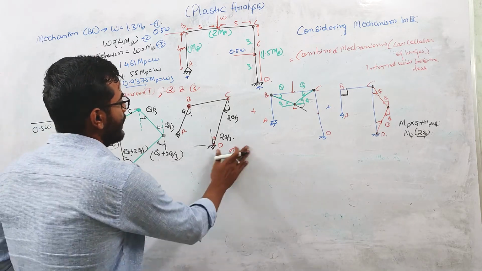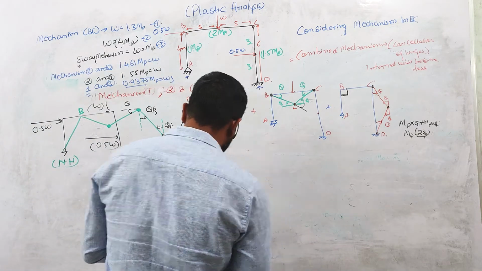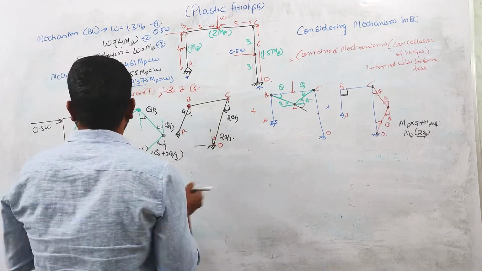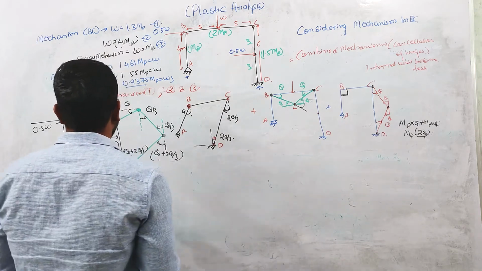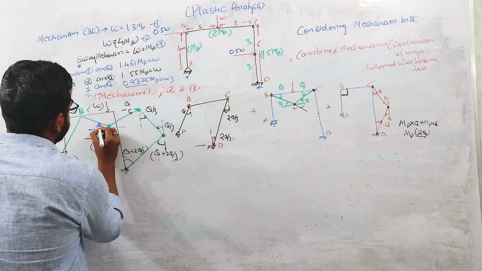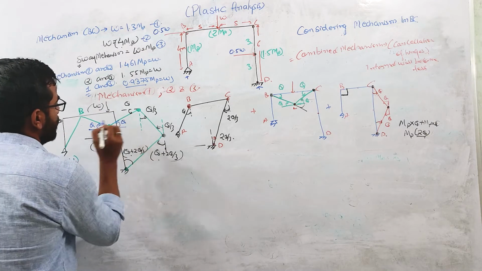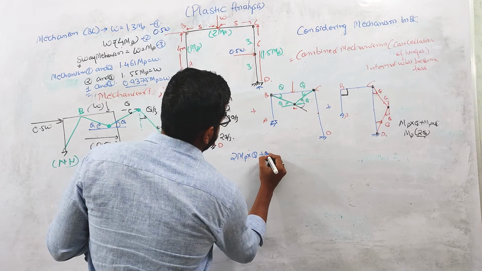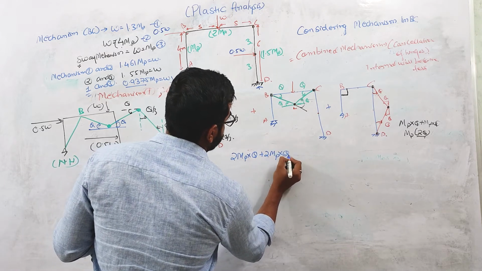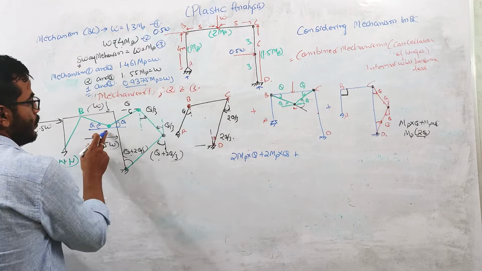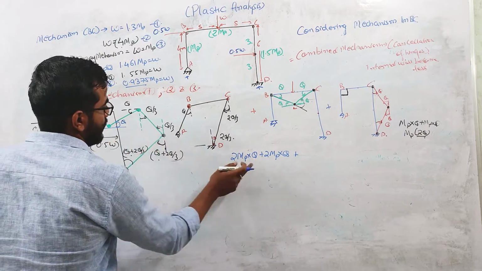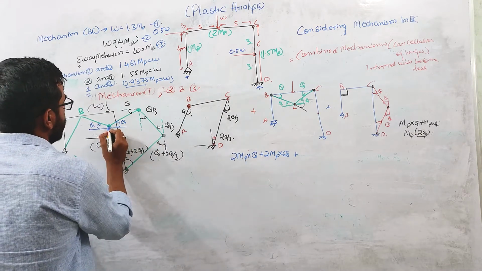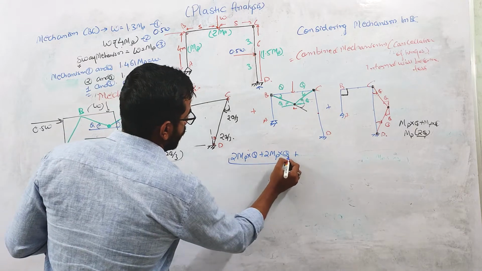Now, if you apply the principle of virtual work over here, first we will be calculating the internal virtual work done. Internal virtual work done will be, this is theta, this is theta. It will be 2 MP into theta plus 2 MP into theta, plus 2 MP into theta at this point, which is the internal virtual work done for this hinge we wrote over here.